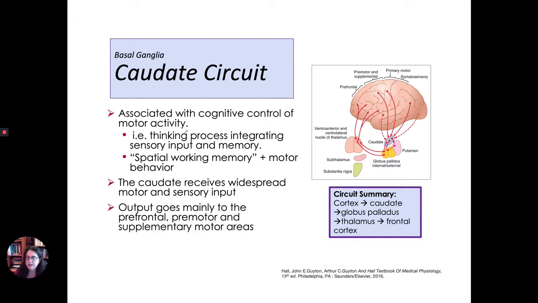All right, so the caudate would receive lots of motor and sensory input from all kinds of places in the cortex, and goes to the caudate, not as much going through the putamen, since it's called the caudate circuit, although a few might go there. But it's going to mostly go next to the globus pallidus, then to the thalamus, and then back to the frontal cortex, mainly prefrontal, premotor, and supplementary motor. Prefrontal we haven't talked much about yet, but we will a little bit later.